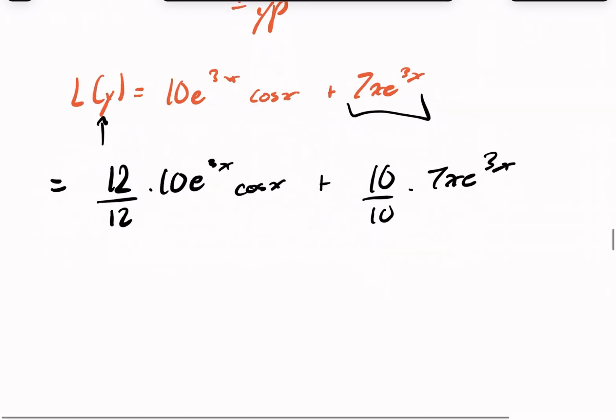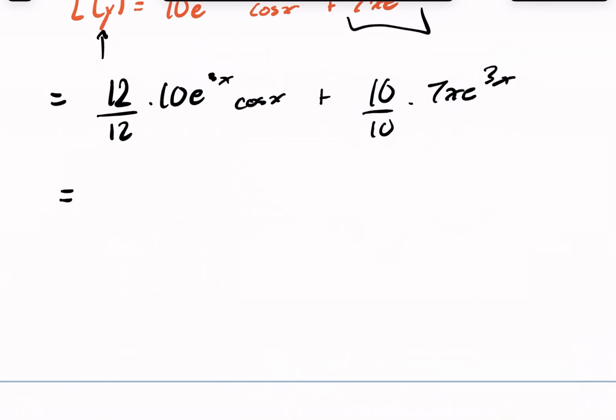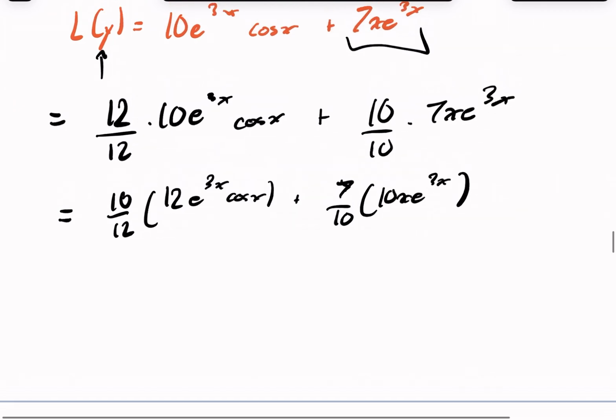I've changed nothing from the original equation, but now I'm just going to change the order in which they're multiplied. You guys are going to see how crazy this is. Times 12e^(3x) cos x plus 7 over 10 times 10x e^(3x). Okay.